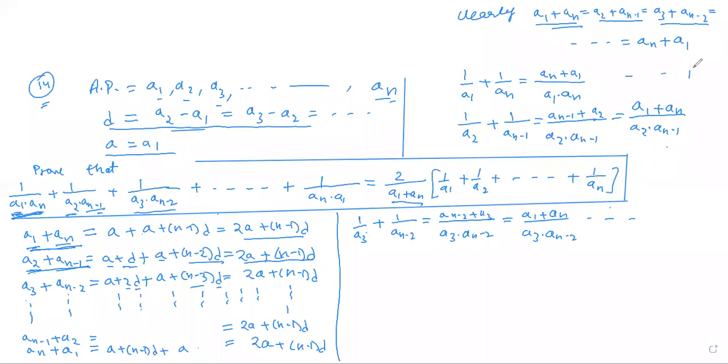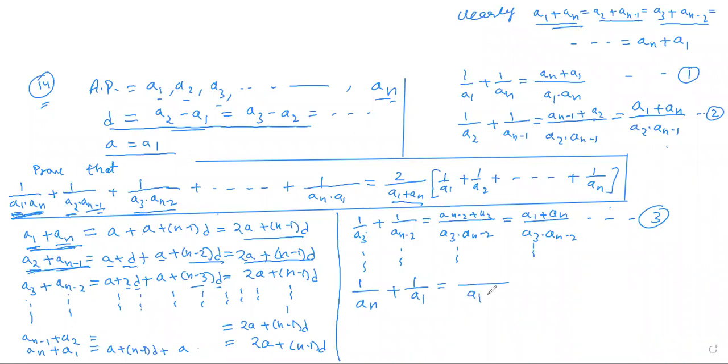So if we write this as equation number 1, this as equation number 2, this as equation number 3, and so on, and at the end we will add which two? The reciprocal of an with the reciprocal of the first term.